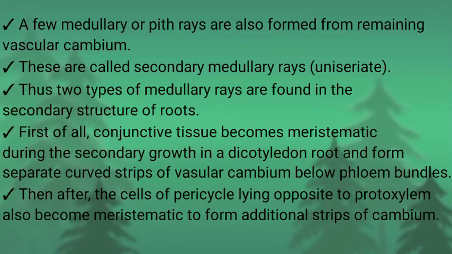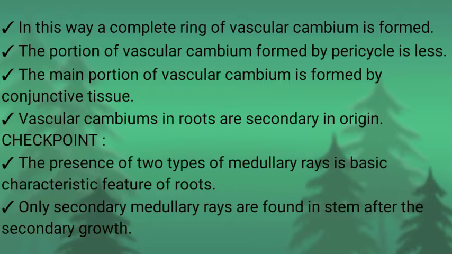Due to the activity of conjunctive tissue and pericycle, a cambial ring or vascular cambium forms in dicotyledon root, which helps to show secondary growth in dicotyledonous plant roots. In this way, a complete ring of vascular cambium is formed.